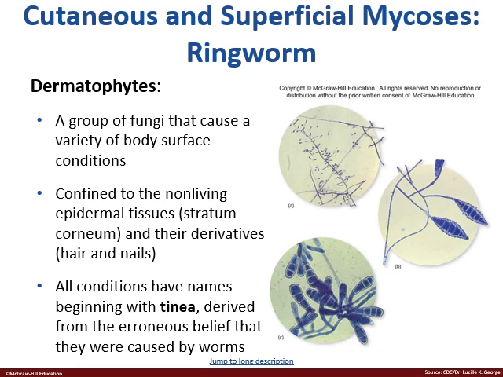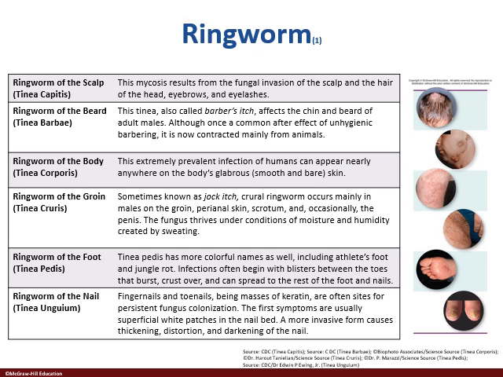A ring caused by a skin worm, hence ringworm. Depending upon what area of the body you're talking about: tinea capitis, tinea barbae, tinea corporis, tinea cruris, pedis, unguium. It all starts with tinea.